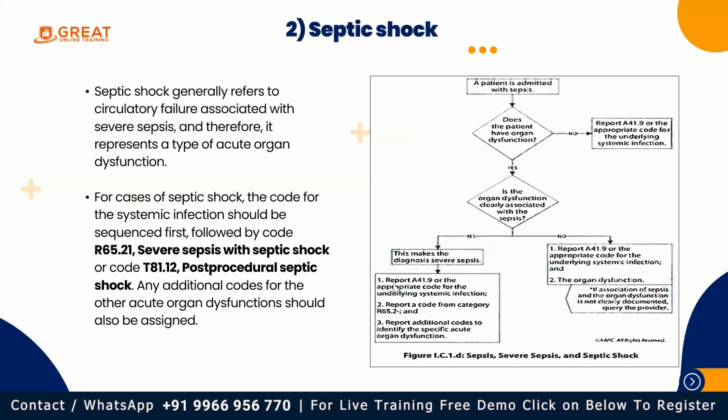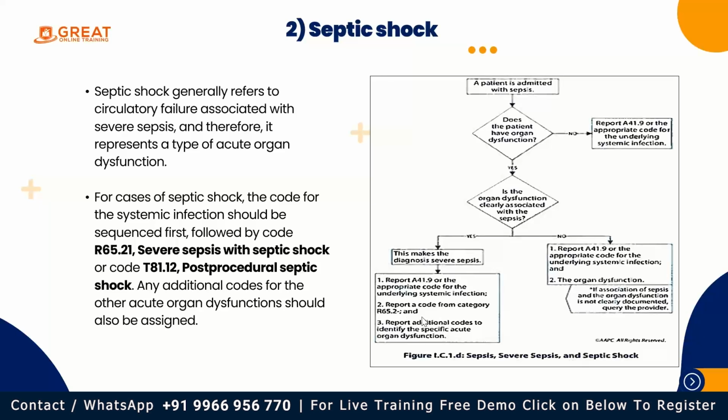So our coding will be like A41 for the underlying systemic infection, either A41 or the appropriate code from that category following the sepsis term. Okay. The second code will be a code from category R65.2. Why is only 2 given, 2 and dash?